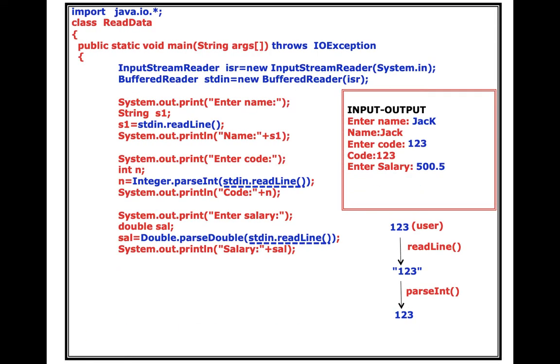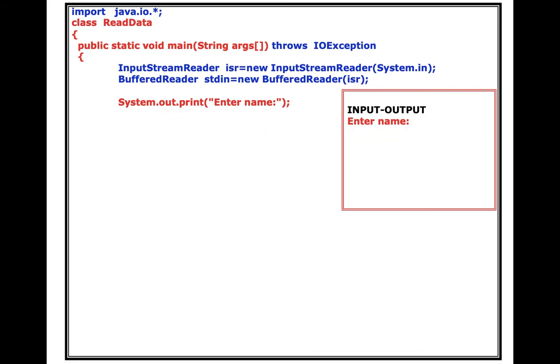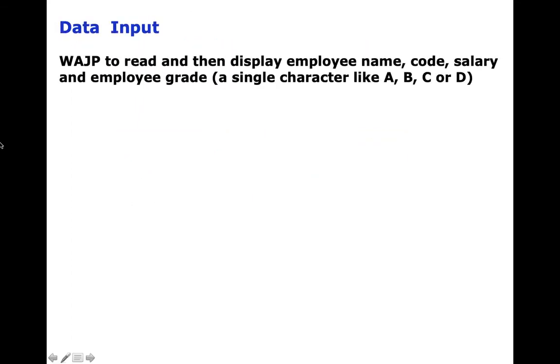Now copy this question: do the above program using scanner class. Come on, do that. Alright, okay. By the way, I hope that you had copied the earlier question also for this program. This was the question, this was the heading.